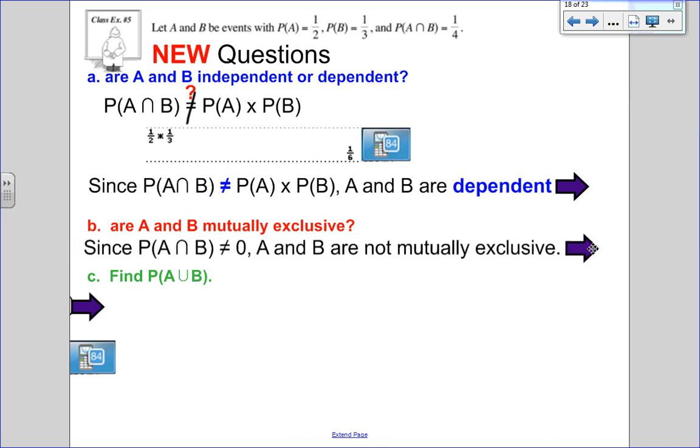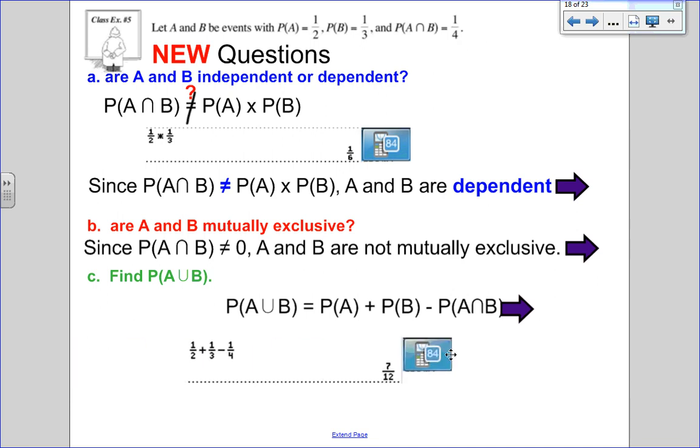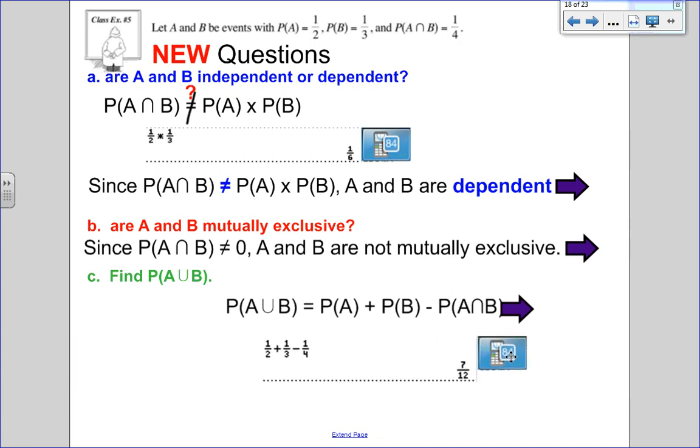So since the probability of both happening is not zero, A and B are not mutually exclusive, which means there is overlap. So I want to find the probability of A or B happening. So since there's overlap, I'm going to take the probability of A, which is a half, add it to the probability of B, which is a third, subtract the overlap of both happening, which is a quarter. And that would be the probability of A or B occurring.